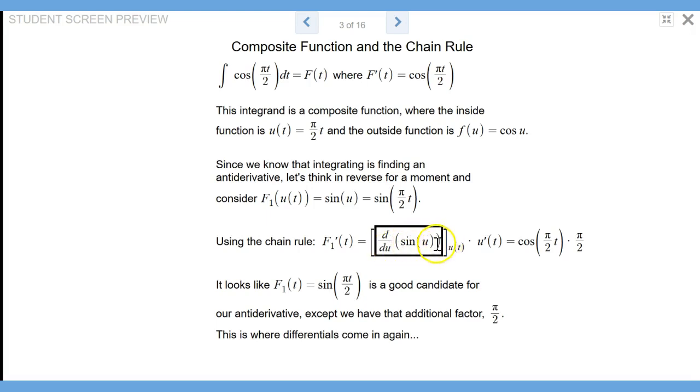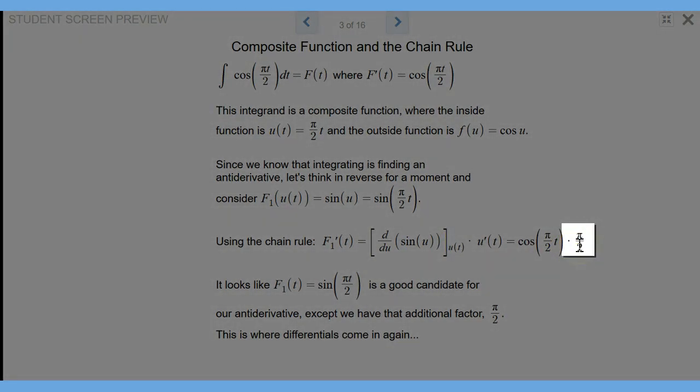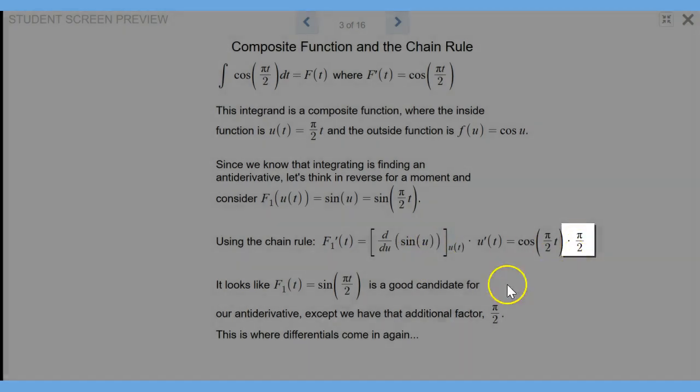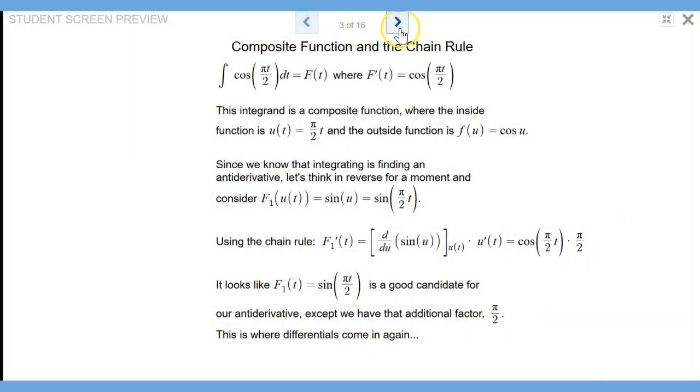Well, it's the derivative of the outside function, which would be cosine, evaluated at the inside function, which is pi over 2t, times the derivative of the inside function, which is pi over 2. So I see that just replacing pi over 2t with u is giving me an extra factor of pi over 2 when I find the derivative of sine u. So I need to do a little bit more work.